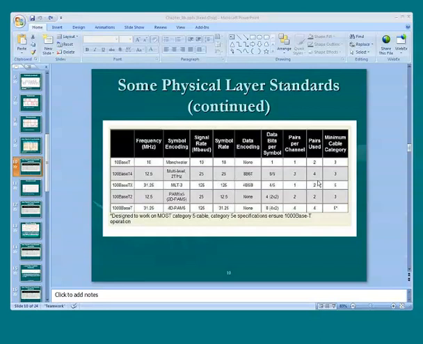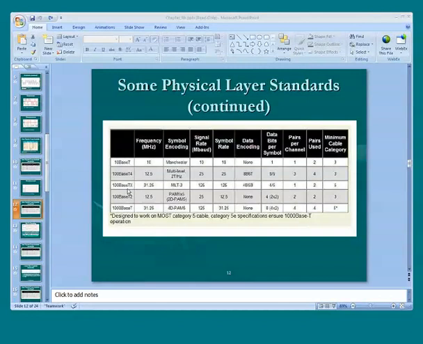It uses 4 pairs and requires at a minimum Cat3 cabling. The 100BASE-T4 standard is not currently in use.